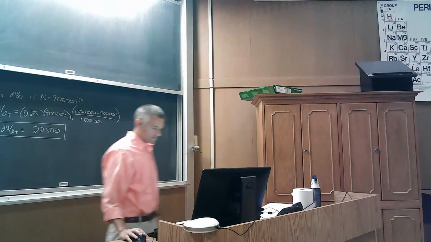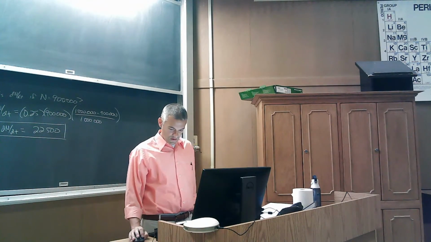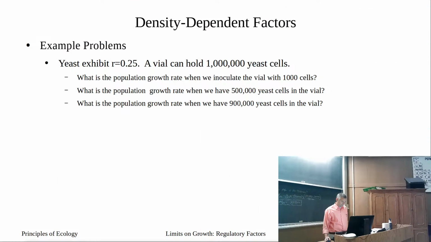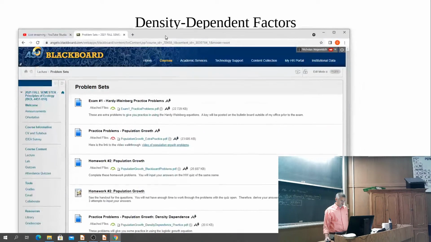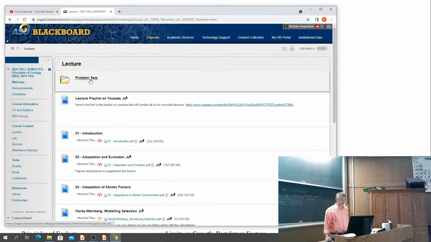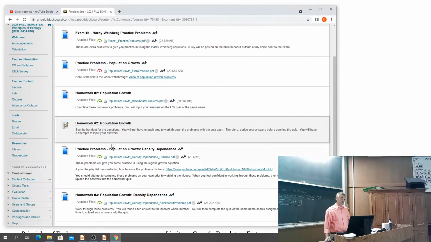So we do have additional homework. Under the problem sets, so lecture, problem sets, we had homework 2, that's practice problems. We've got practice problems for density dependence, so this will give you more practice.